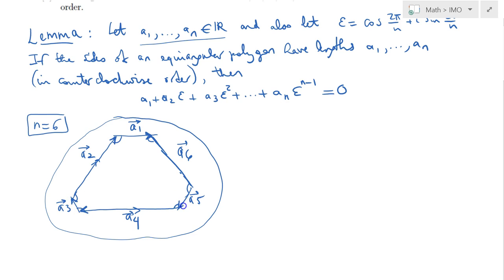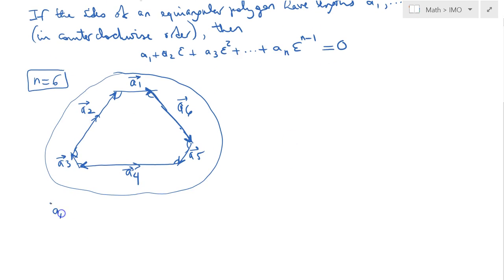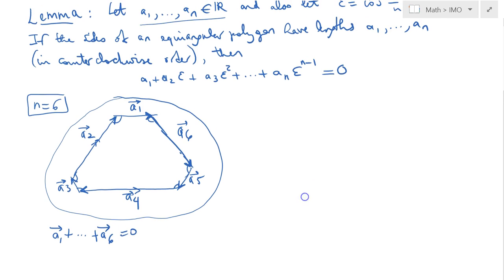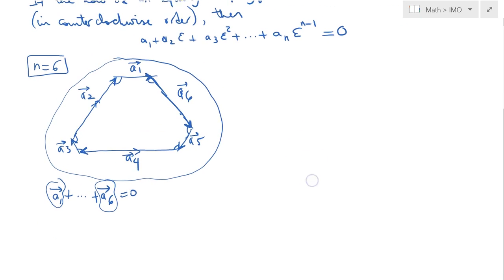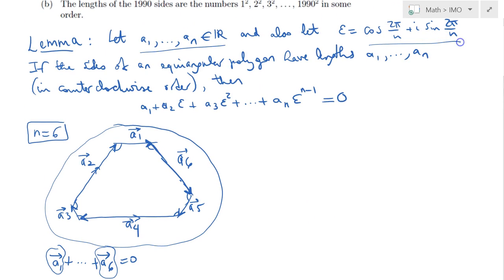So all these vectors, if added, we know vector addition very well, because it is cyclic, it is equal to 0. So the sum of all these 6 vectors is simply equal to 0. But how to make sense of it? How can I express these vectors each in terms of the roots of unity here?